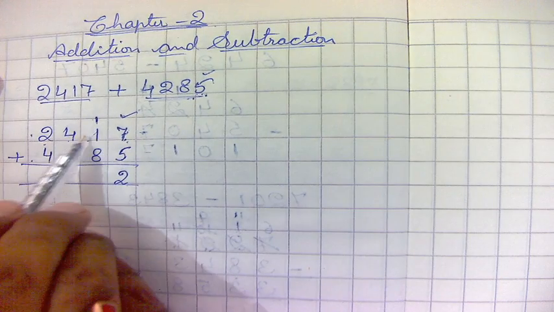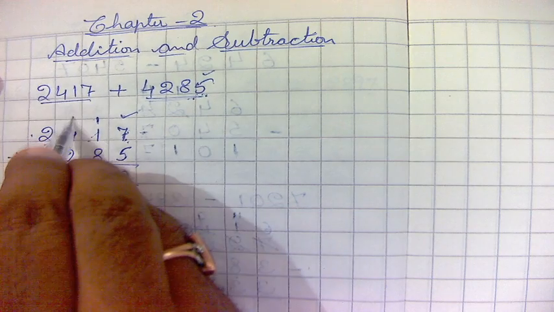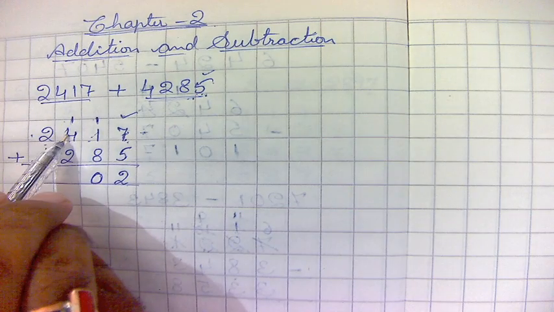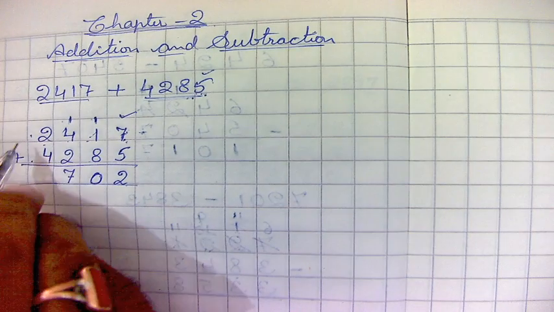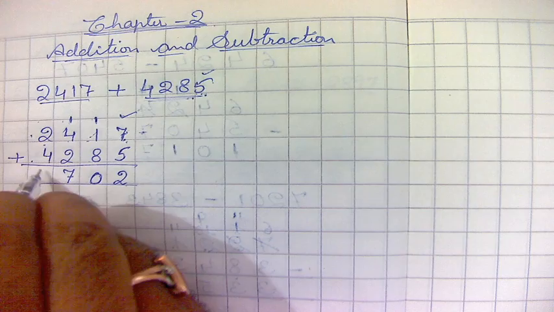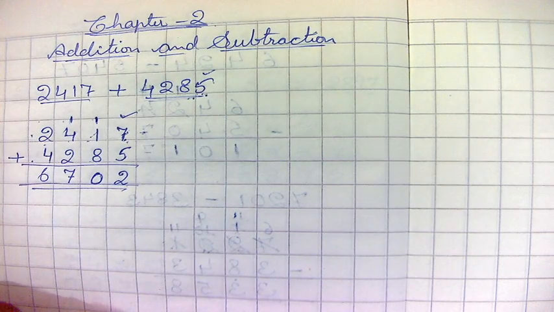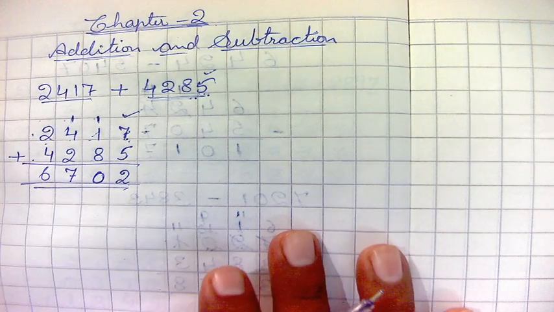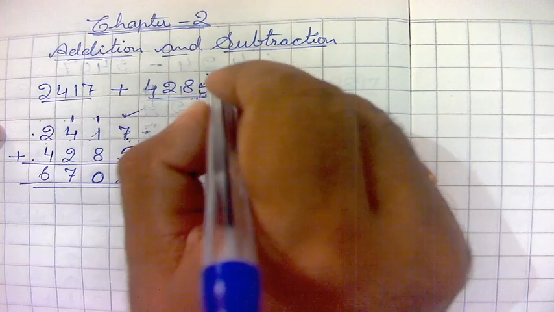So 1 plus 1 is 2 and 2 plus 8 is 10, 1 carried. 1 plus 4 is 5 and 5 plus 2 gives you 7, nothing to carry. Now 2 plus 4 is 6. So you can see it is same as you do for the 3 digit numbers. Nothing extra is there to apply.